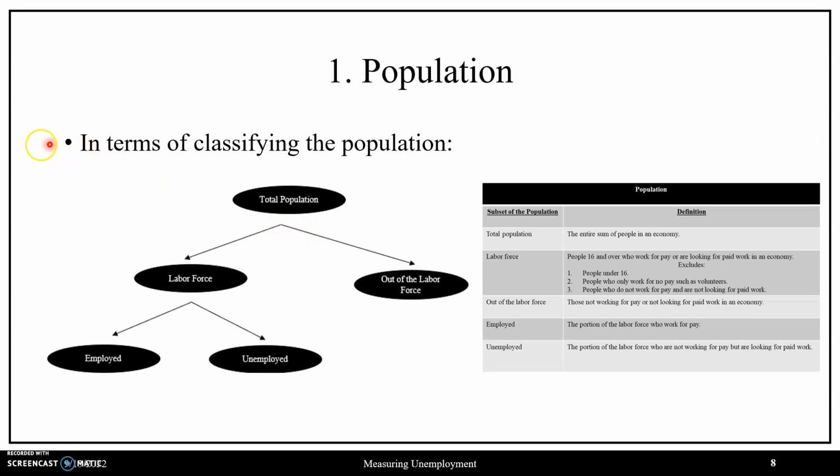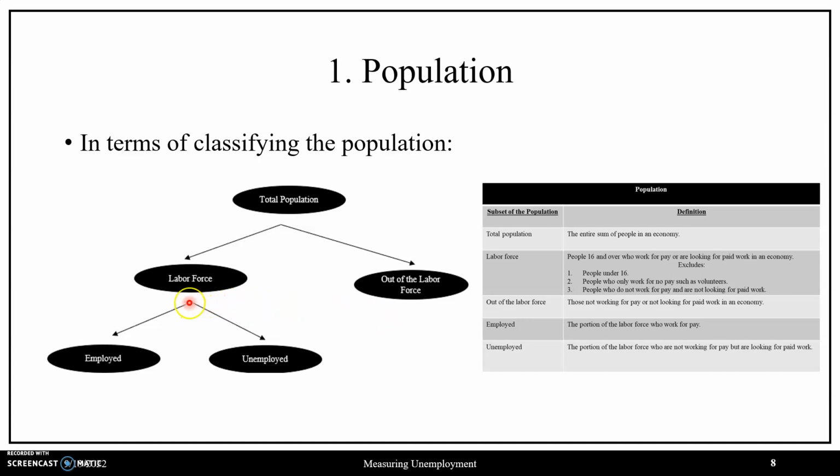Beginning with classifying a population, in an economy there's going to be a sum of individuals residing there. That sum of individuals will be the total population. In terms of the population, there will be those who are labor resources and those who are not, where those who are not labor resources will be considered out of the labor force, whereas those who are labor resources will be those who are in the labor force.